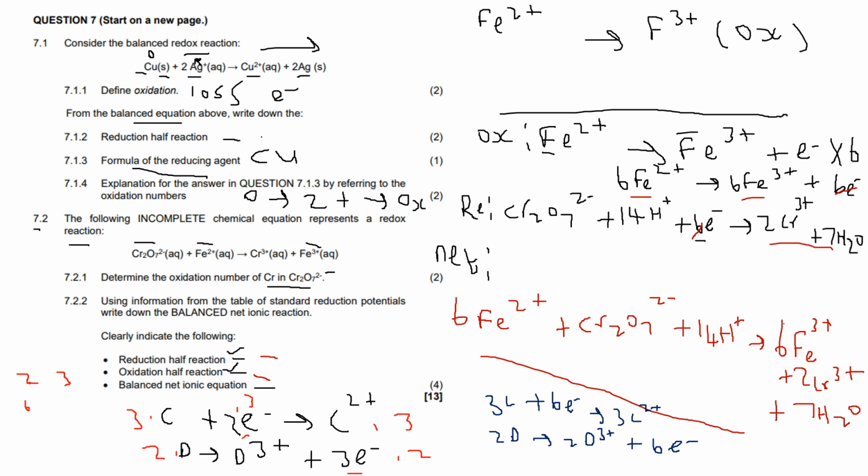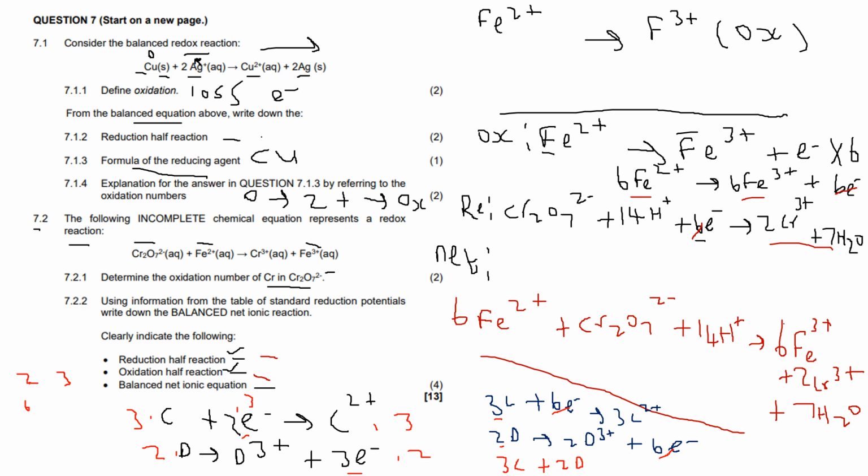The 6 on the right will cancel the one on the left. Whatever is left on the left side, we just add them: 3C plus 2D.